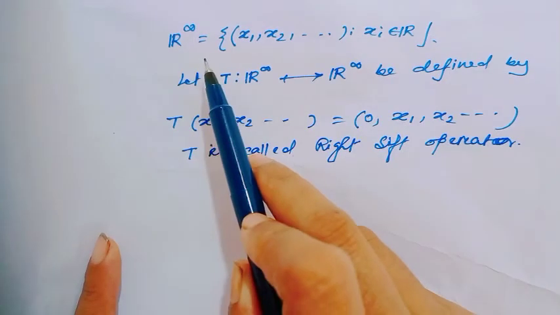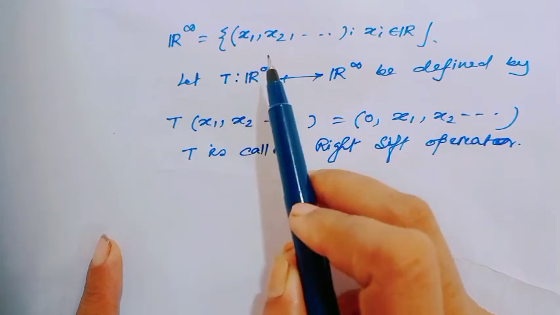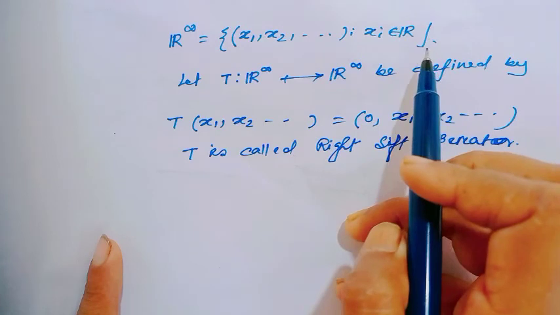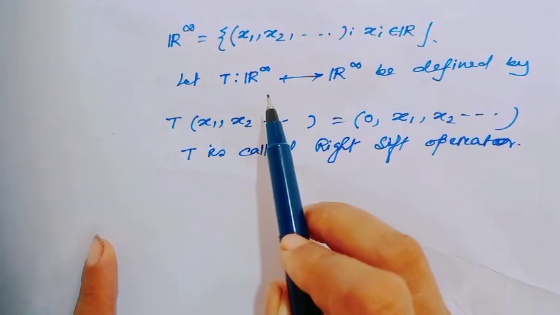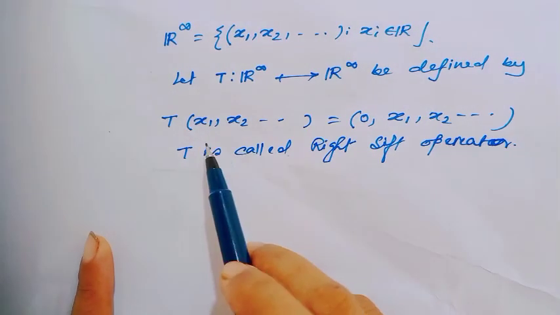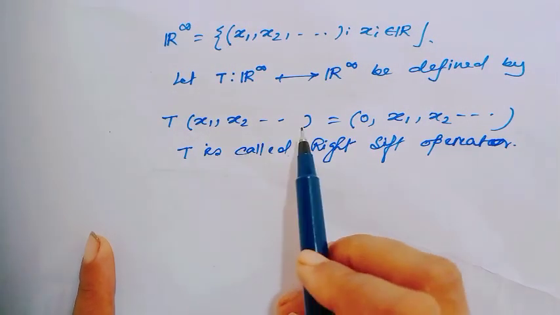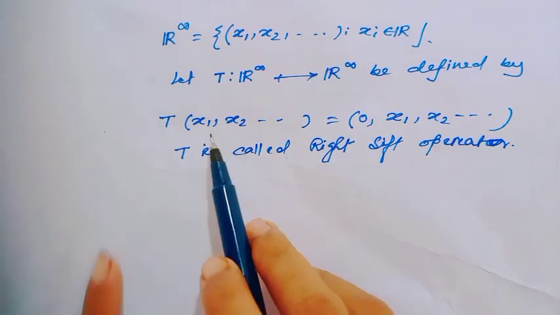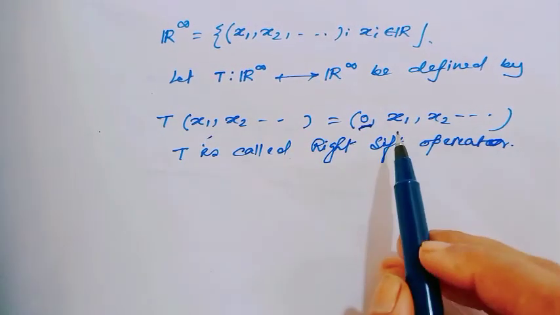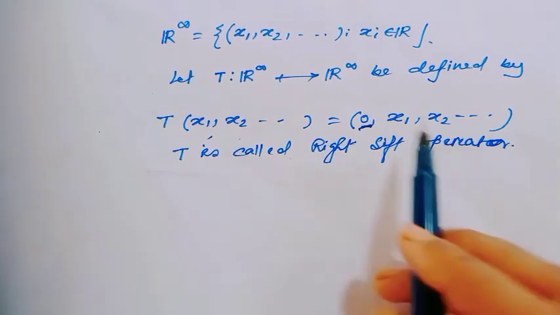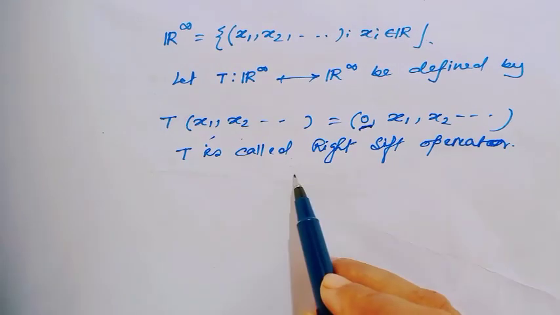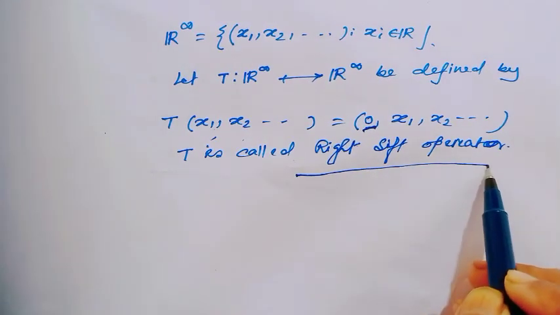Consider R infinity, which is the set of all sequences (x1, x2, and so on), where xi belongs to the real numbers. And the mapping is defined as T from R infinity to R infinity, such that T of (x1, x2, ...) equals (0, x1, x2, ...), here a 0 component, and x1 shifted to the second place, x2 shifted to the third place, and this is actually the right shift operator.